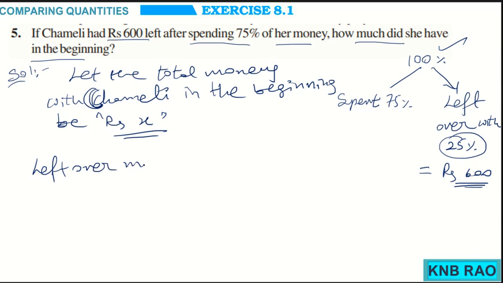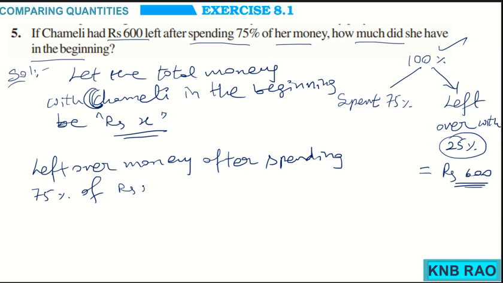leftover money after spending 75% of rupees X is rupees 600, that is 25% of rupees X is 600.